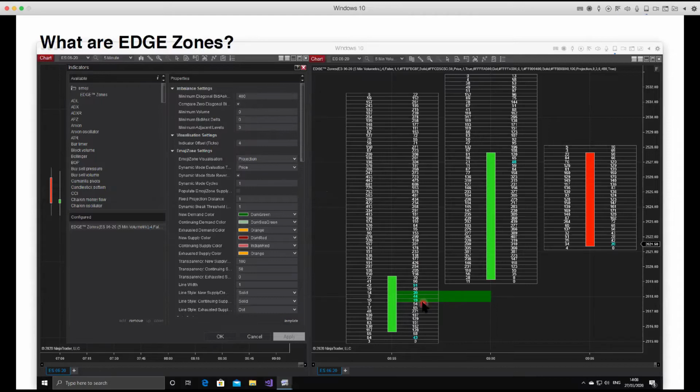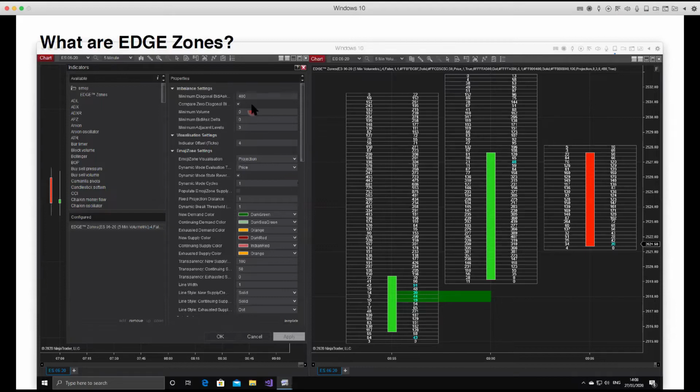I can also say, what's the minimum delta, the minimum difference diagonally? Do I want there to be at least 50 contracts more bought than sold? So I can really start to tighten up my criteria for these events of buyer or seller aggression that I want the computer to identify. So that's what the Edge Zones tool is doing.